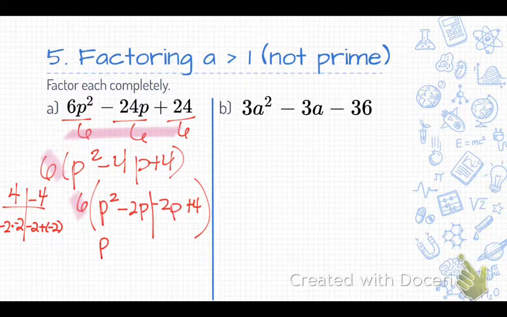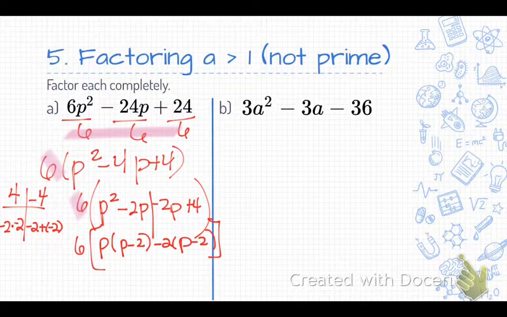Okay, so I have p times p minus 2, and my other GCF is -2 times p minus 2. And 6 is still here? Yeah? Am I right so far? Now that I fixed my earlier error. So that means my answer is 6 times p minus 2 squared, right? Is that true? Or p minus 2 times p minus 2.